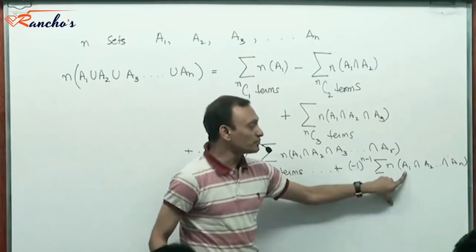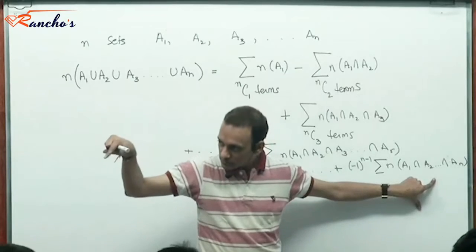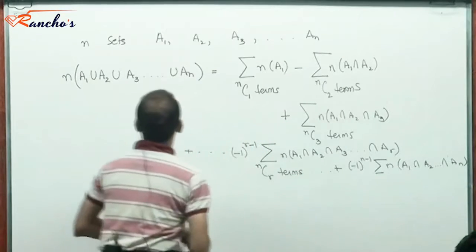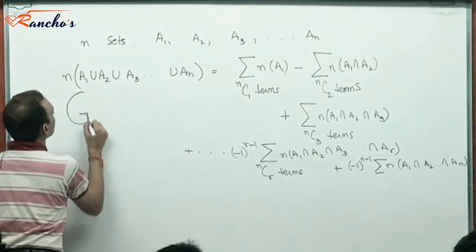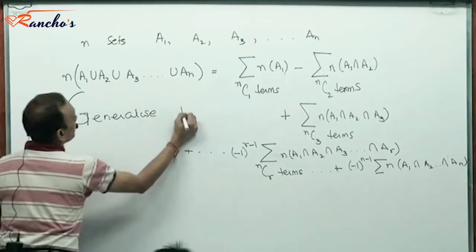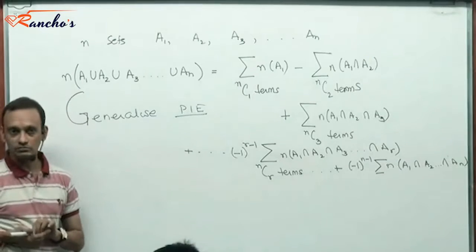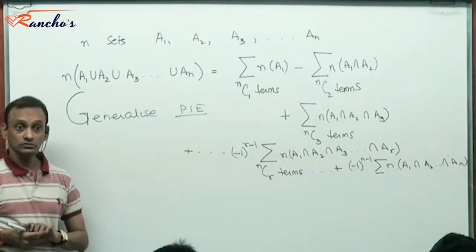And the number of terms in this would be NCN, that is just one term. Right? So this is called the generalized principle of inclusion and exclusion. Generalized pi. Principle of inclusion and exclusion. Right?